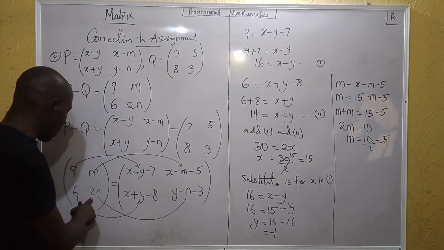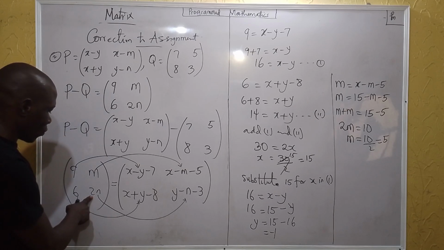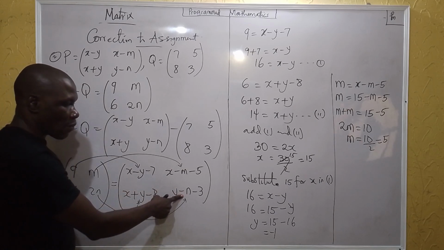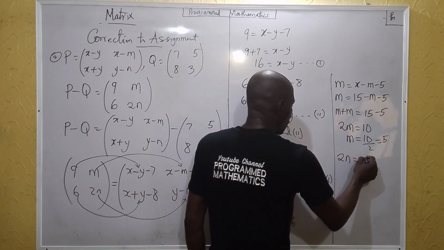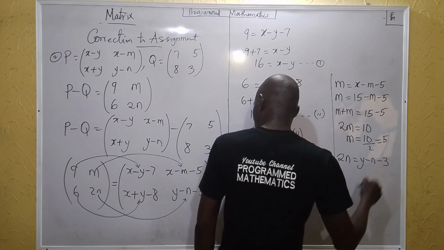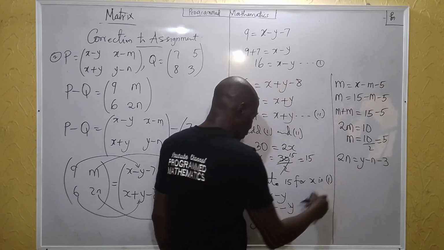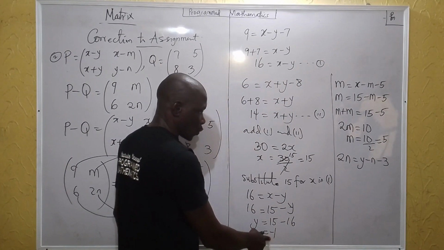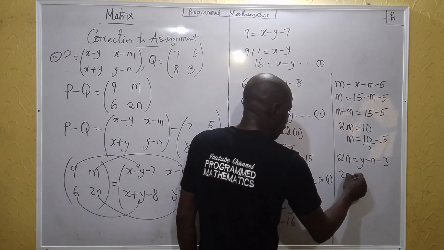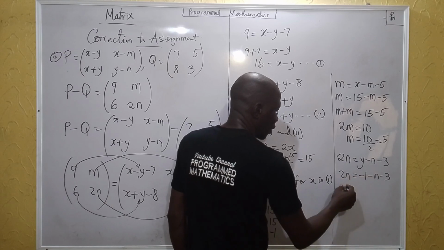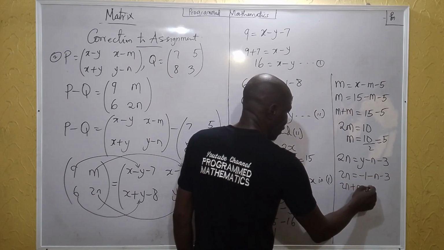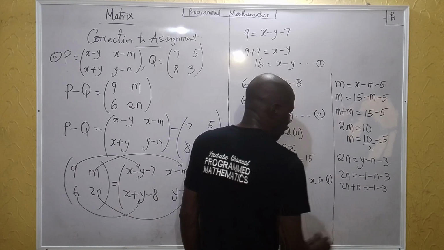Then for the second row, second column, 2n is equal to y minus n minus 3. Y also has been calculated here to be minus 1. So 2n will be minus 1 minus n minus 3. Collect like terms here. We have 2n plus n equals minus 1 minus 3.